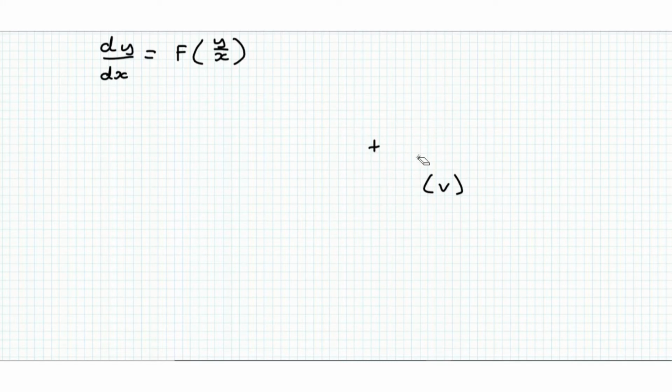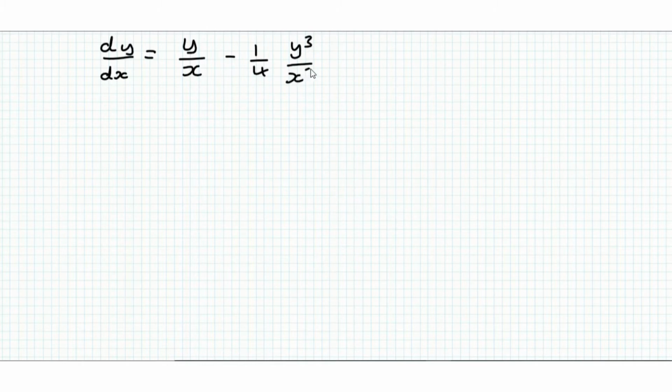Right, so we've got a function here, dy by dx is equal to y over x minus 1/4 y cubed over x cubed. Now this is a function of y over x. We've got y over x minus 1/4 y over x cubed.